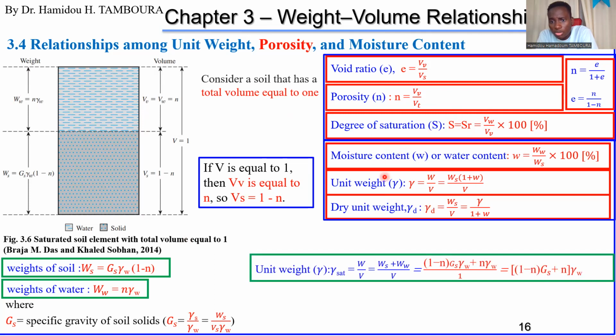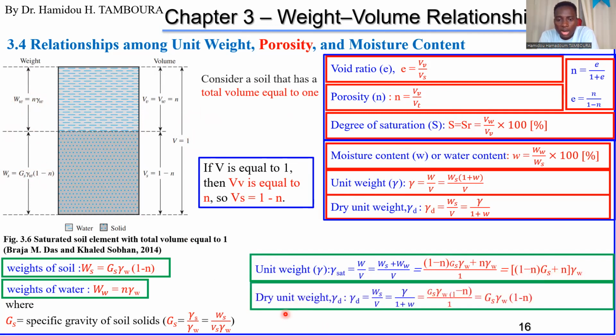So let's go directly to this one, unit weight. This unit weight means saturated unit weight: the weight of solid plus weight of water divided by the total volume, which is 1 here. So you can get this formula.